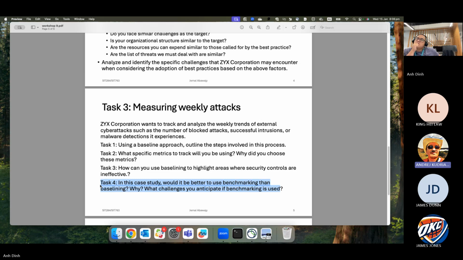It's not public information. It's all private. It's all paid. But if you can get one, it would definitely be a good second point of reference. So I would use baselining, but if possible, try to validate it with benchmarking.